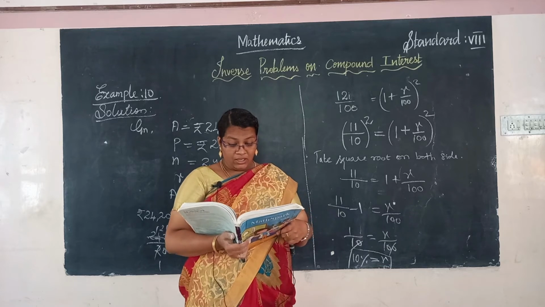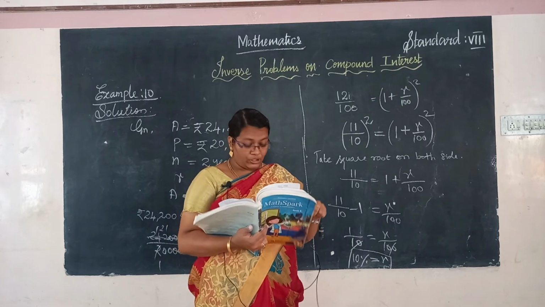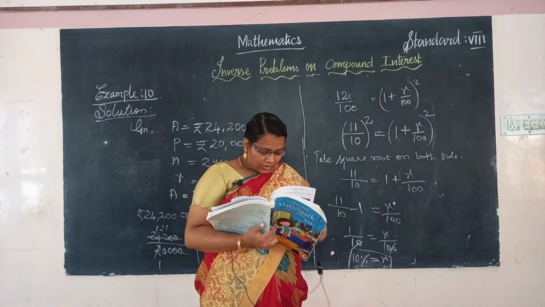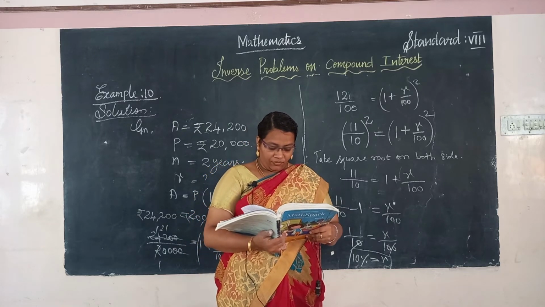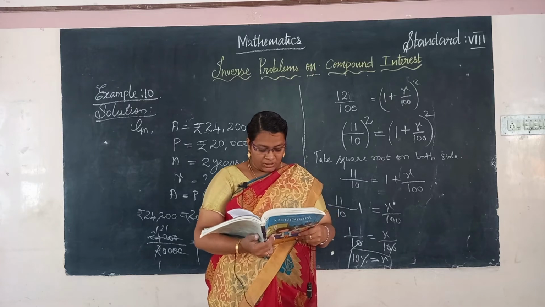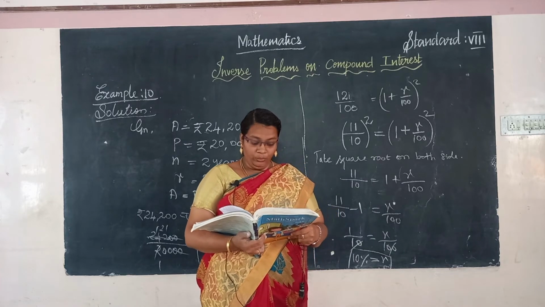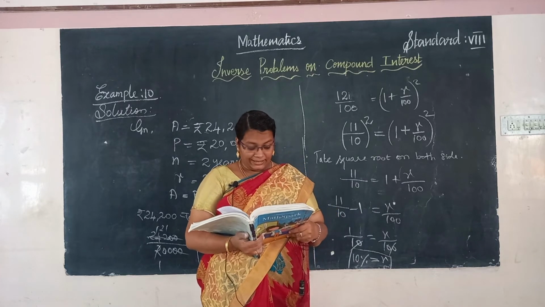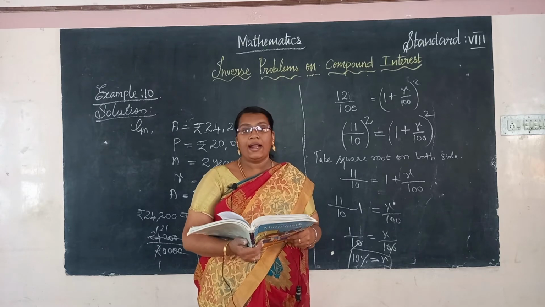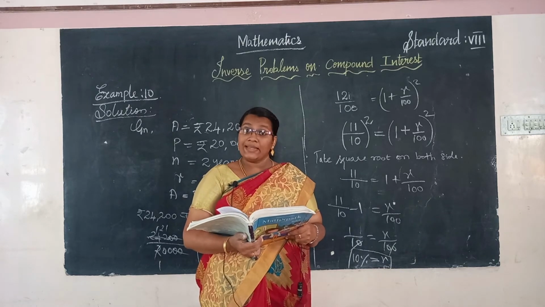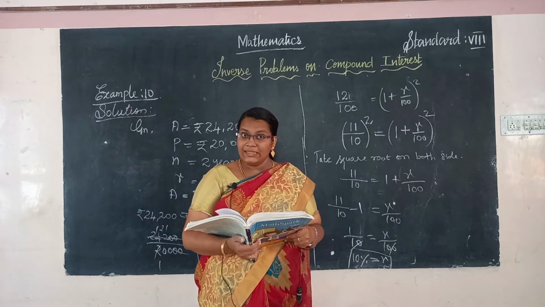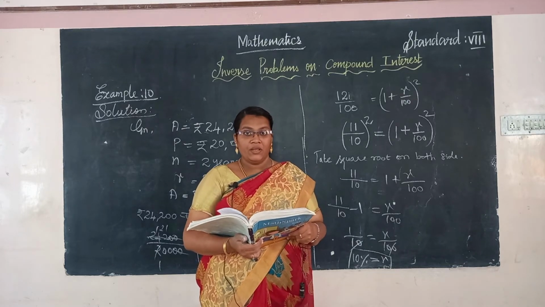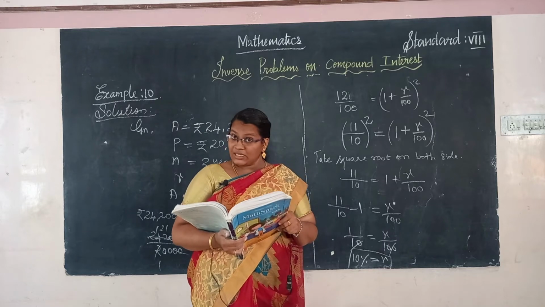So here time we have to find out. Rupees 68,921, so that is the amount. What is the principal here? 64,000. First of all understand the question.